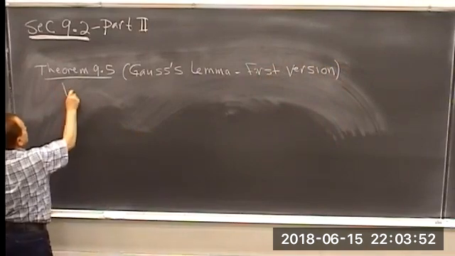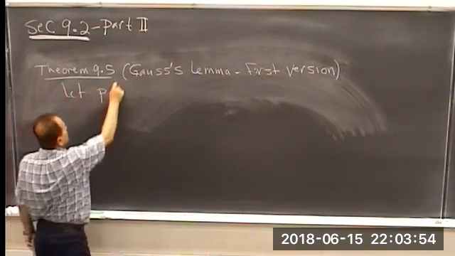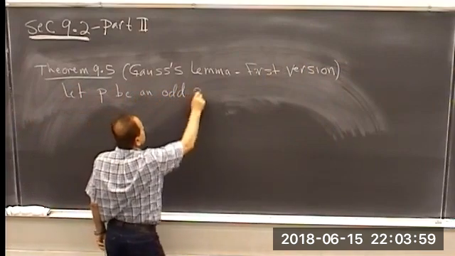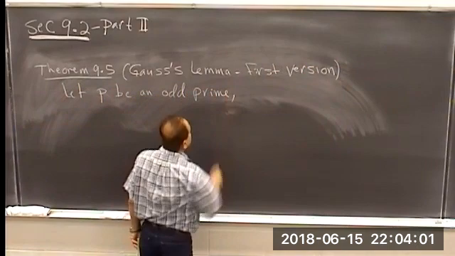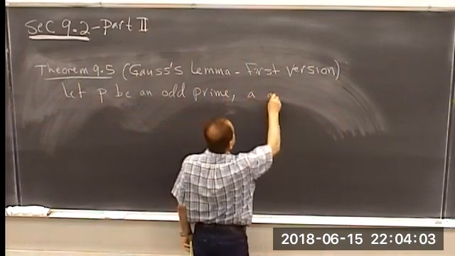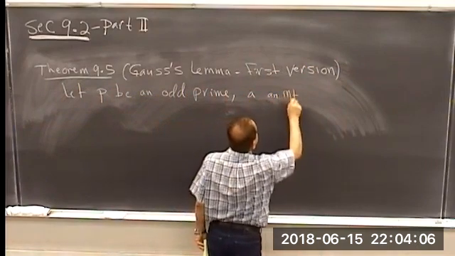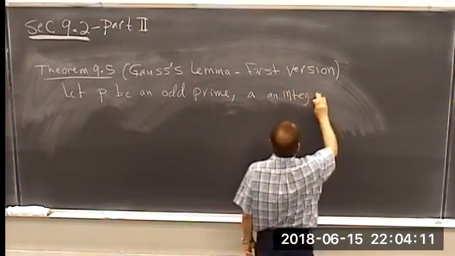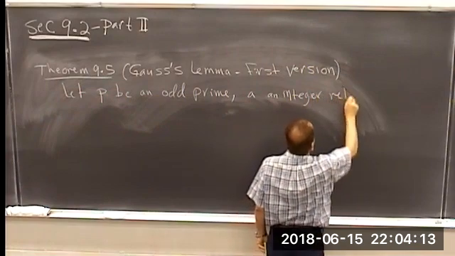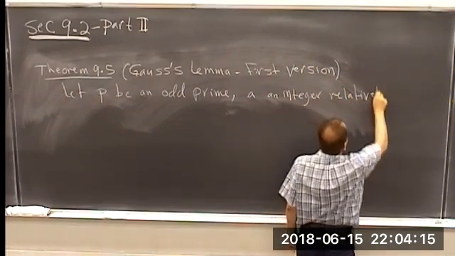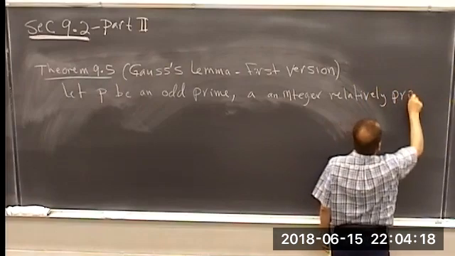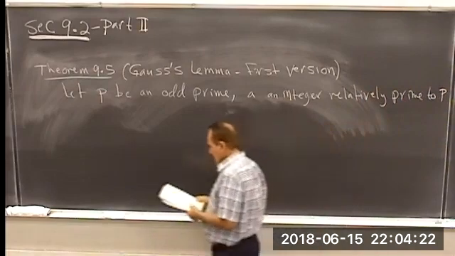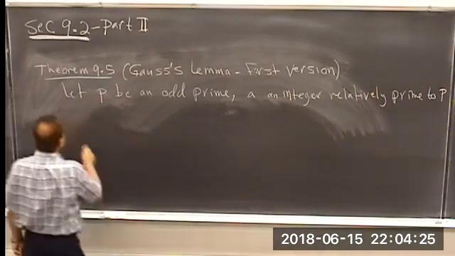The regular setup: let P be an odd prime, and A an integer relatively prime to P.